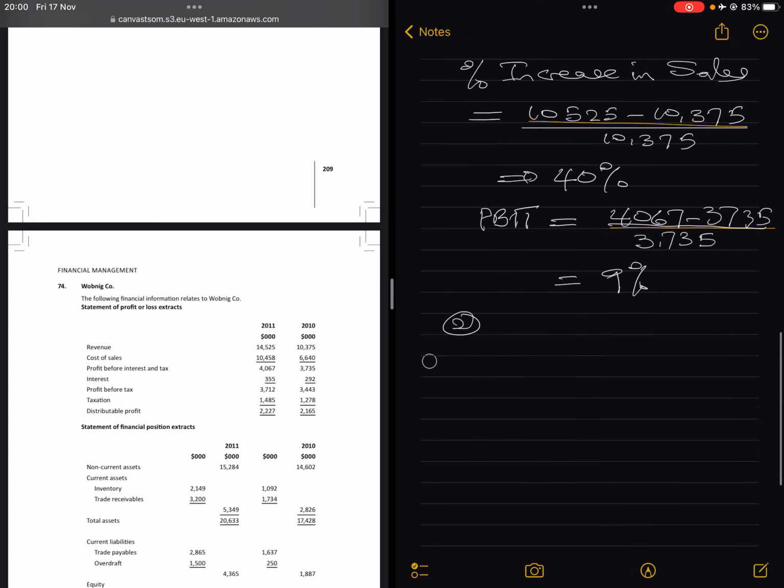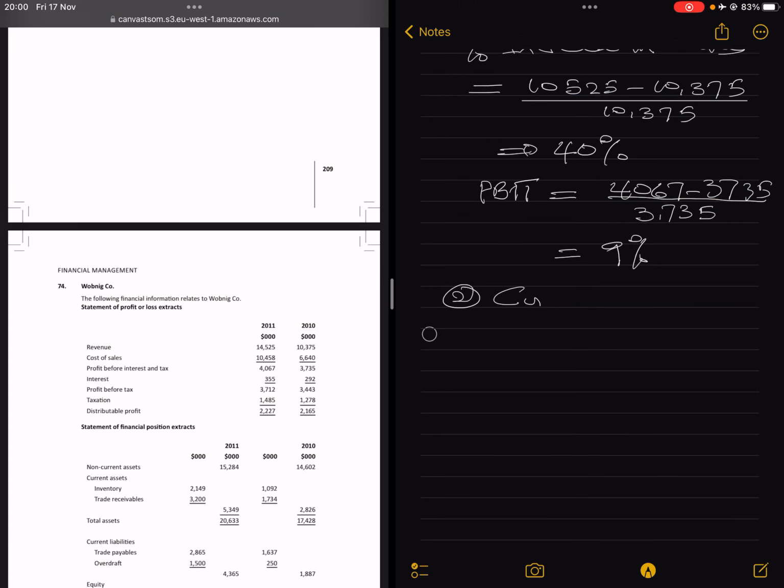Number 2, current ratio. Remember how we usually compute current ratio? We said it is total current asset divided by total current liability.